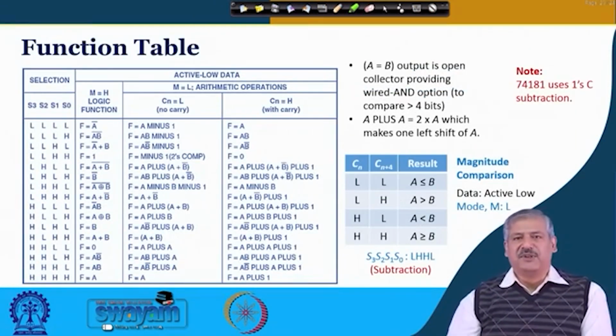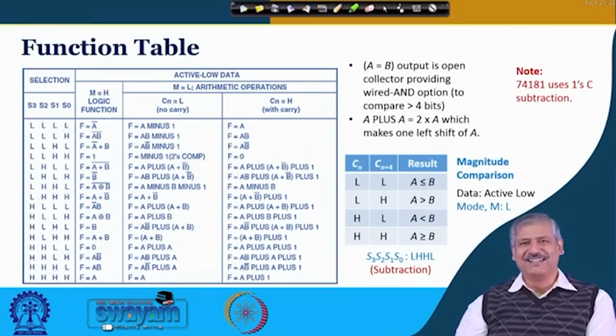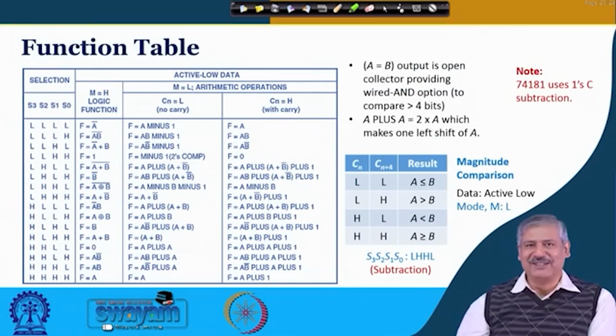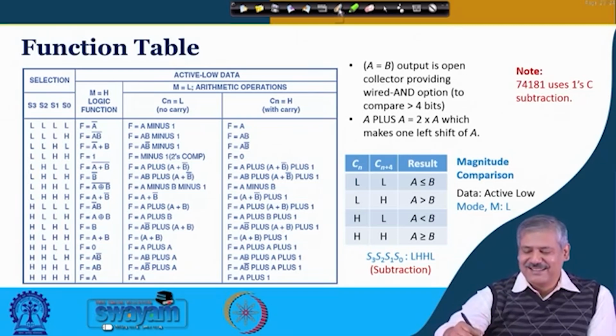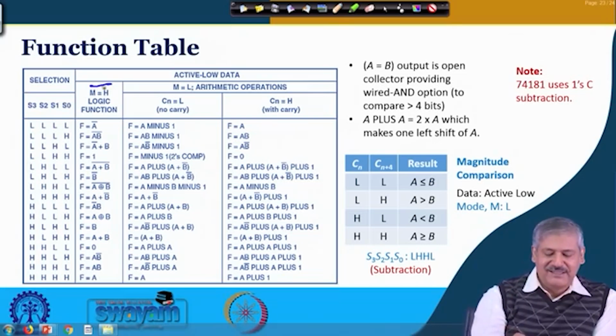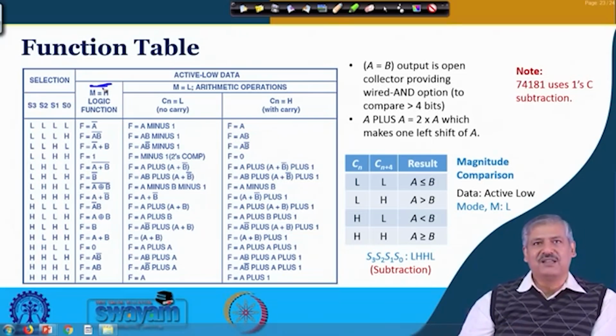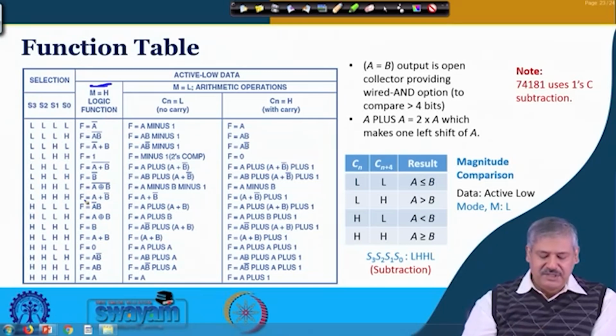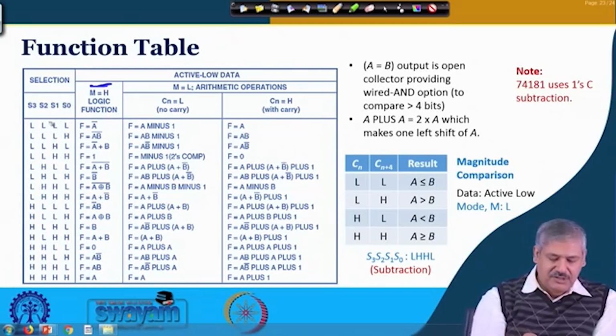So, this is the function table. Again it might look a little bit heavy, because there are 32 different possibilities. This is M equal to H, the logic functions it is generating. These are the different logic functions for choices of S3 to S0, say L, L, L, L, that means all of them are low.